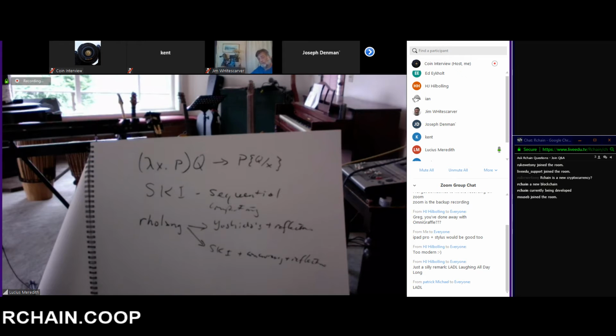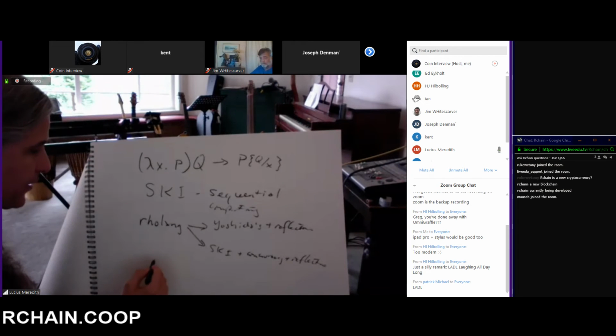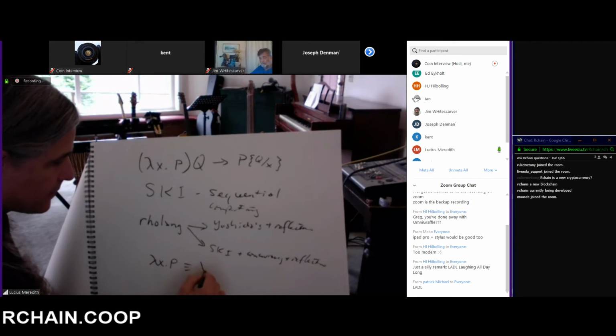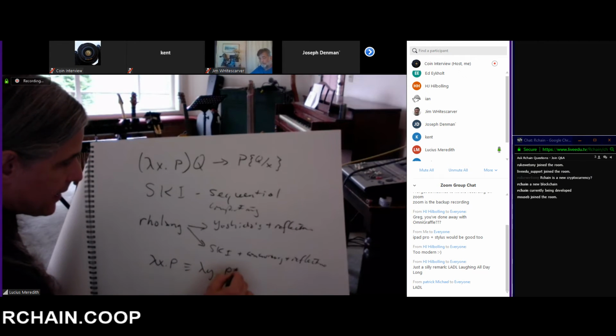The reason that's important is that the channels, ports, names, variables, all of that gives you a lot of extra stuff in the semantics that you have to account for. In particular, you constantly have to account for things like lambda x. p being the same as lambda y. p, in which everywhere you see an x, you replace it with a y.